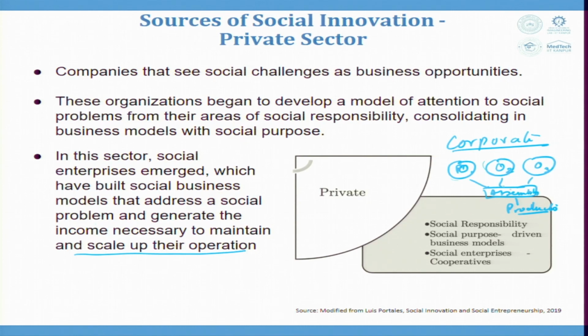Today, even the assembly is removed; the corporate world gets the final product and then they put their seal and sell the product in the market. So, here the corporate world is trying to integrate the people such that their income is generated, which has built social business models that address a social problem and generate the income necessary to maintain and scale up their operation.